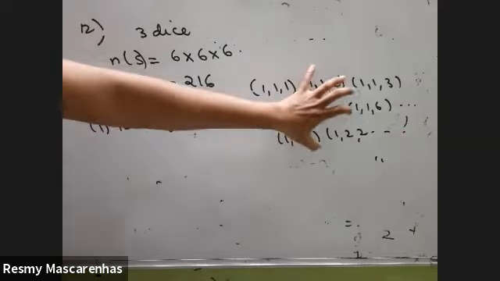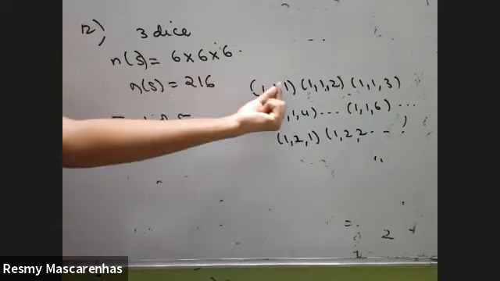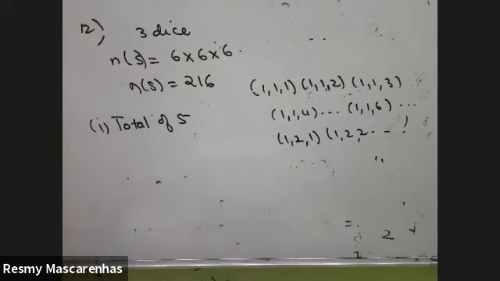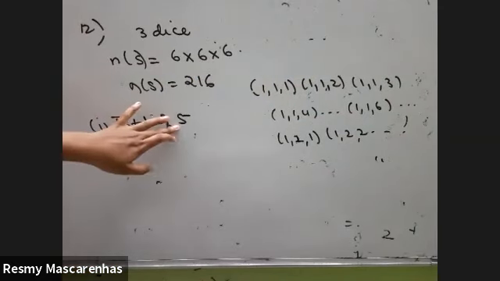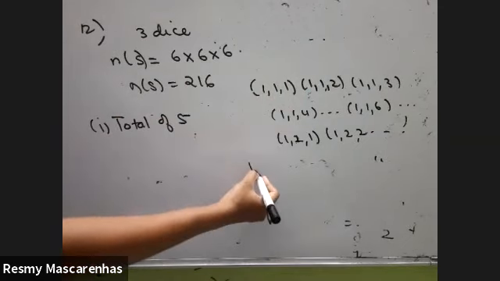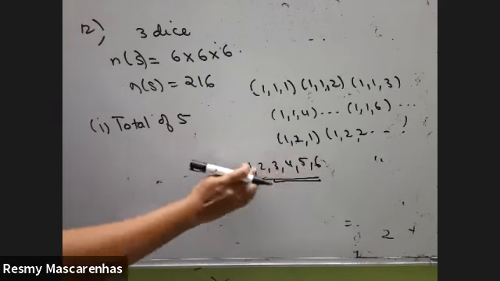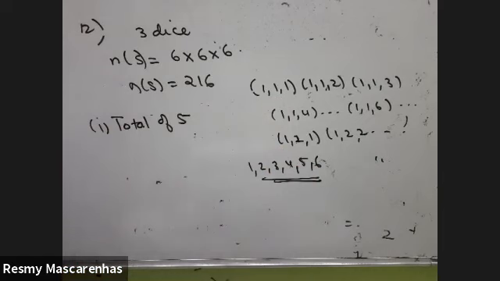So actually you don't have to sit and look into every pair. 3 numbers when you add should give you a total of 5. So we'll check the maximum possible numbers on a die: 1 2 3 4 5 6. We'll try to add any 3 numbers and see which give me a sum of 5.